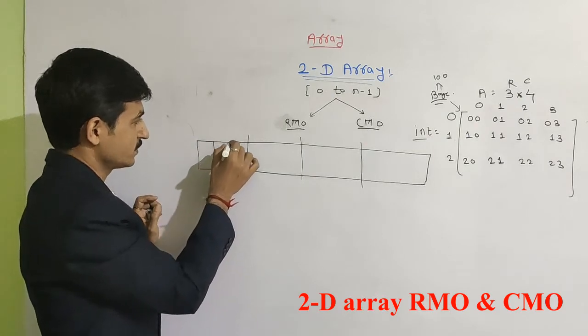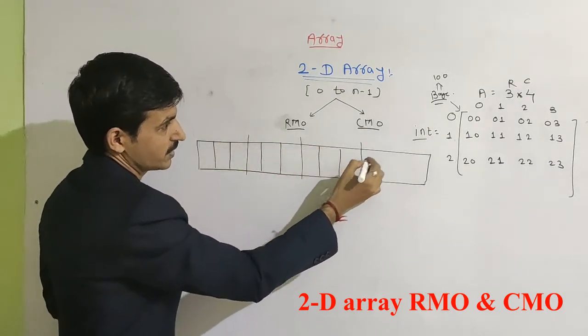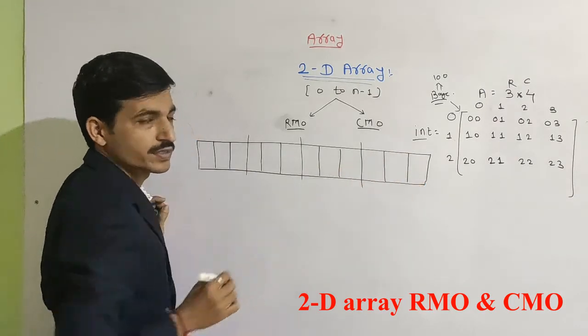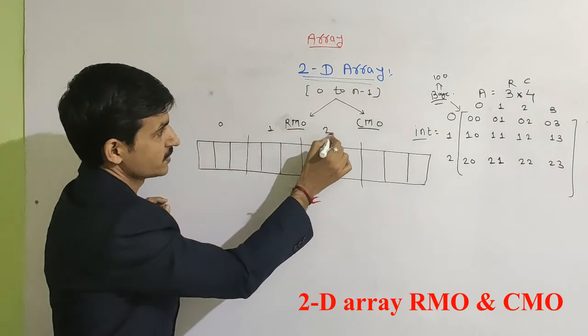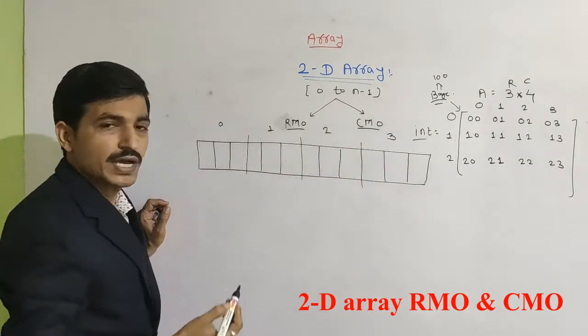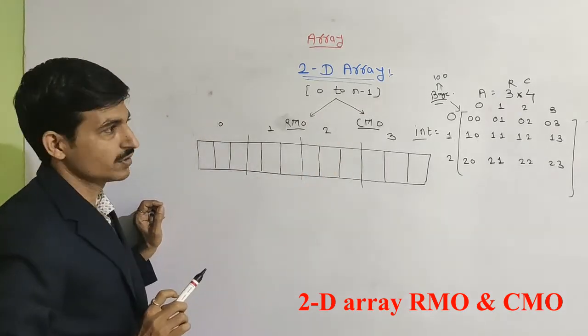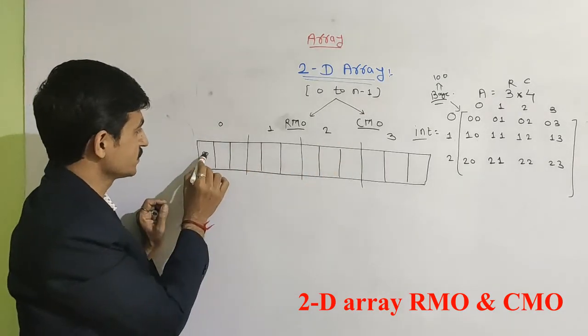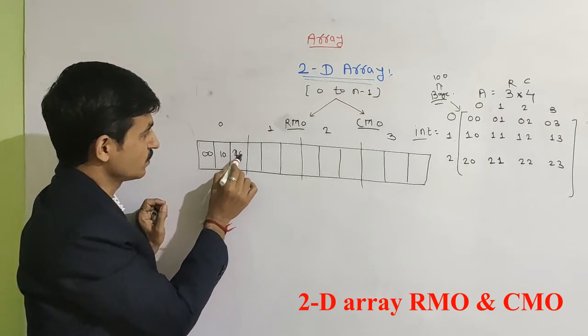So 1, 2, 3, 1, 2, 3, 1, 2, 3, 2 and 3. So this is my 0th column, first column, second column and third column. Array index starts from 0, so that's why 0, 1, 2, 3, total 4 columns are there. Elements 0,0, 1,0, 2,0.